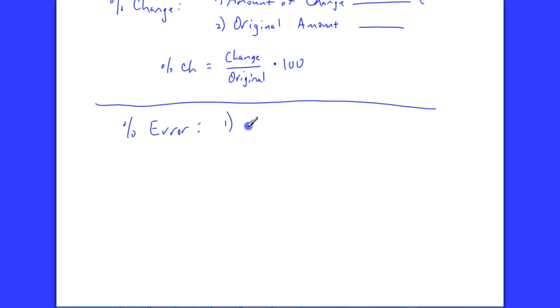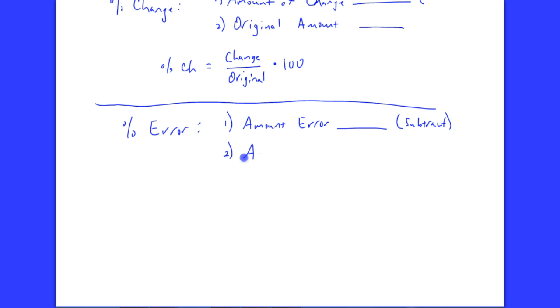Well, we can figure out what percent of error that you had compared to the original there. And here's what you need. There's two pieces of information. Just like above, you need to know the amount of error. How much did you miss that guess by? Again, usually you subtract to find that. If you know the actual and the error, you subtract. Or if you know the actual and the guess.